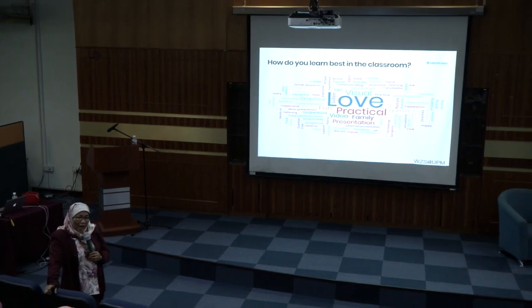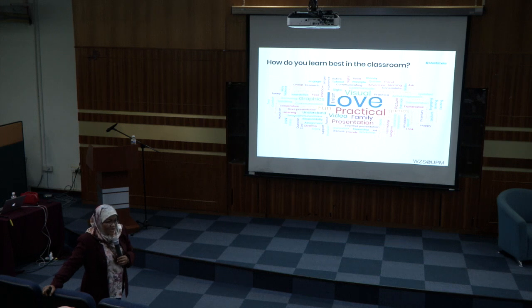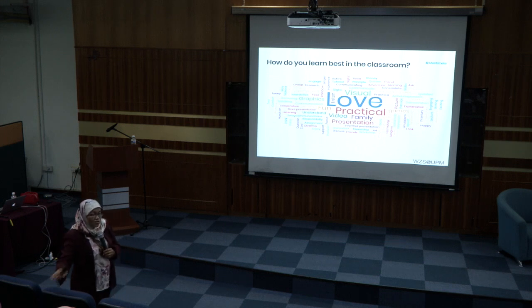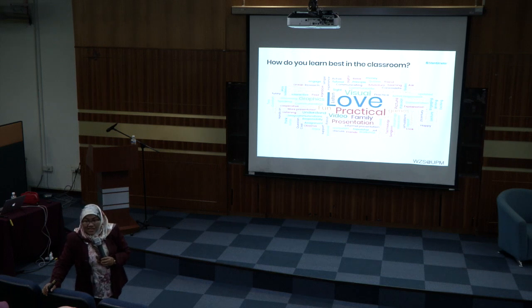They said that, one, they have to love the course. They have to love the topics. And then the other side, what do you mean by love? One of it is family.